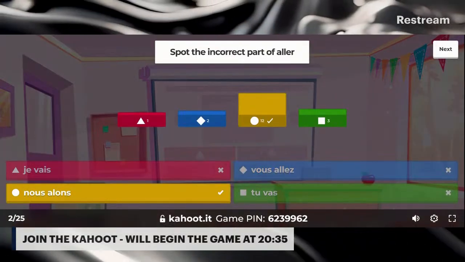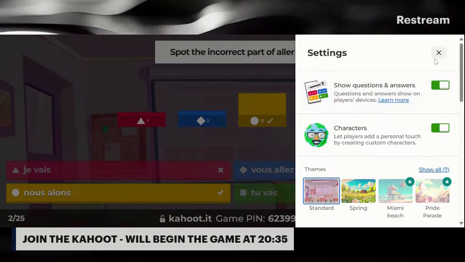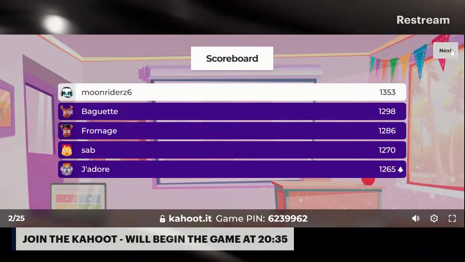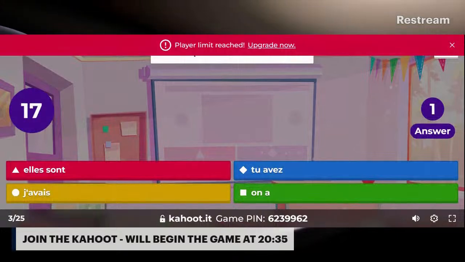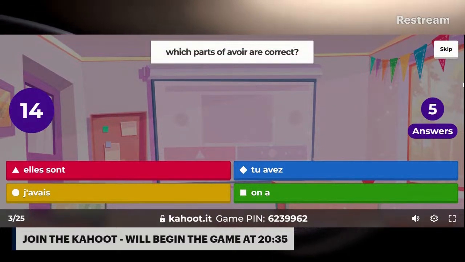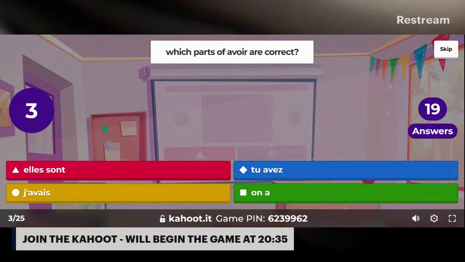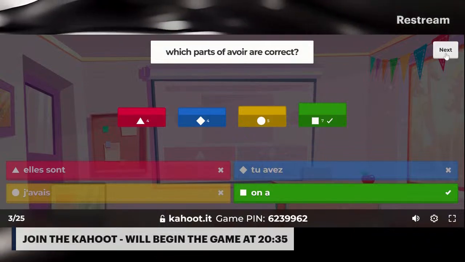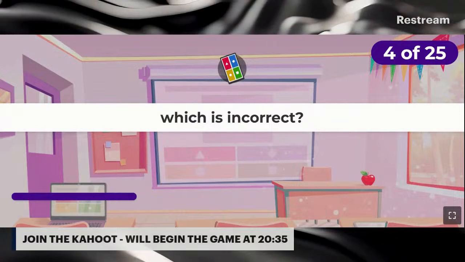What parts of avoir are correct? Question 4, which is incorrect?